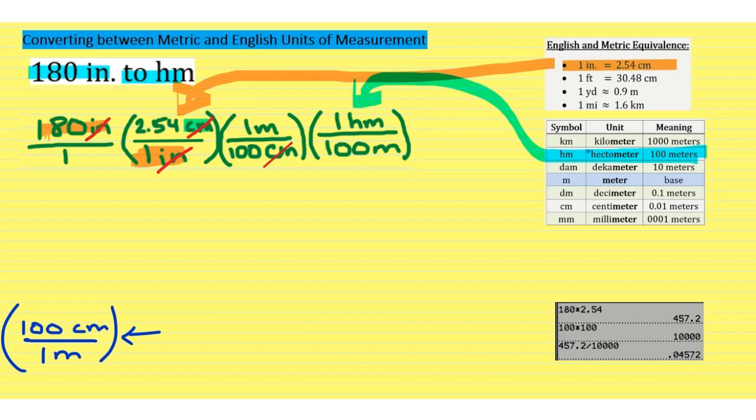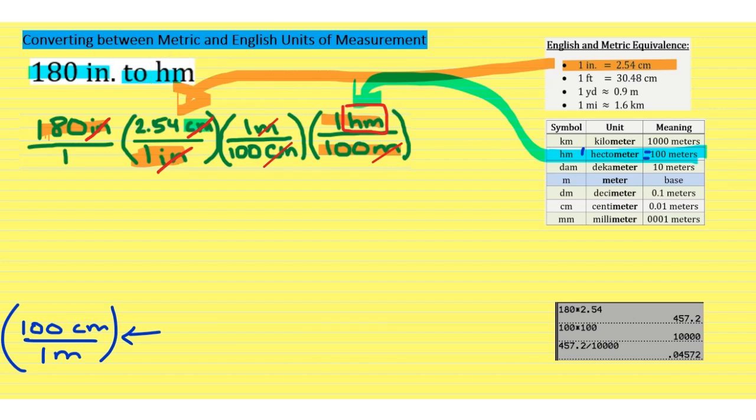Because this little chart means that 1 hectometer equals 100 meters. That allows me to cancel out the meters in the numerator, cancel out the meters in the denominator, and now I'm left with hectometers, which is the goal.